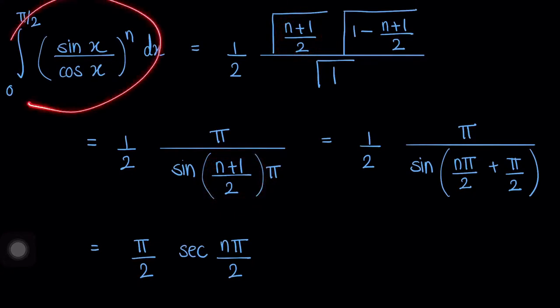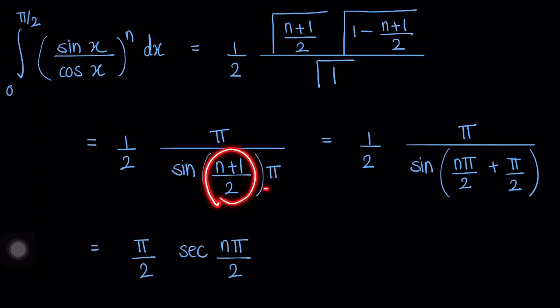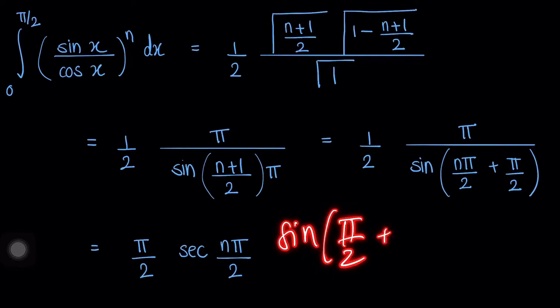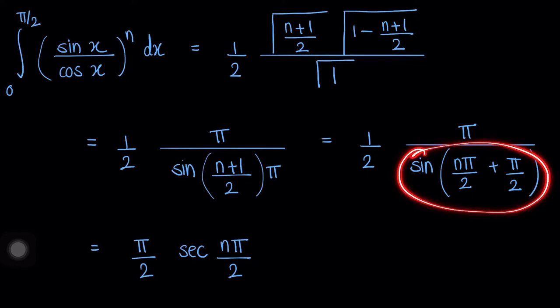So the value of this integral is equal to 1 by 2 pi upon sine of n plus 1 by 2 into pi. Now if we multiply this pi inside, we will have sine of n pi by 2 plus pi by 2. Now we know that sine of pi by 2 plus theta is equal to cos of theta. So this is going to be cos of n pi by 2.